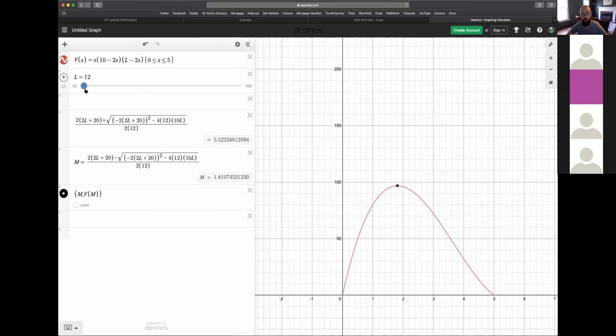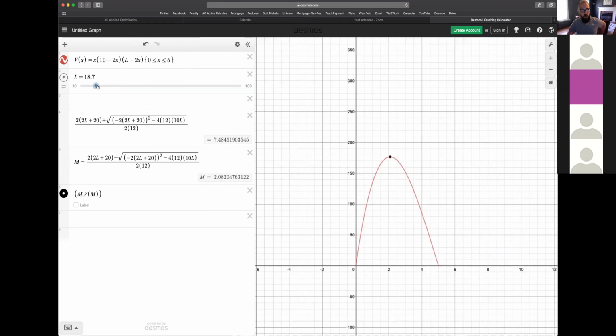If you tell me what the length is, here's our original problem, which was 10 by 15, and we got this 1.962. But really, I can track where that maximum is going to be regardless of what the length is. That point doesn't change, so I have that one formula there.